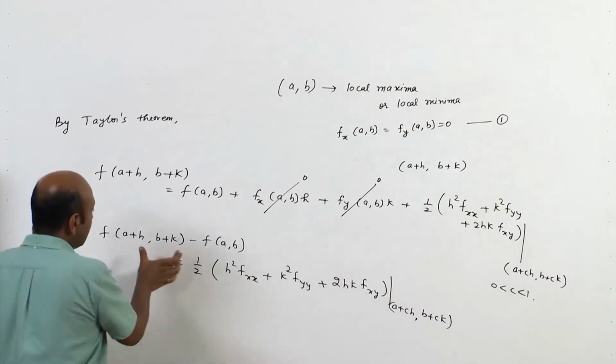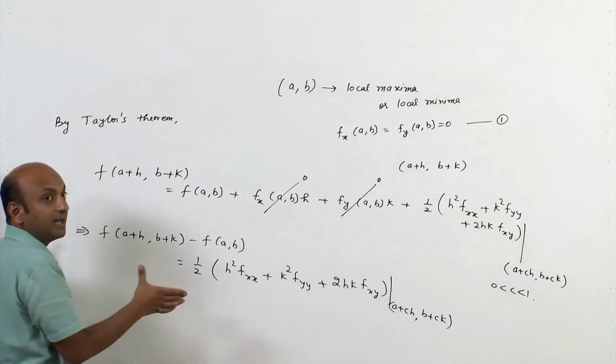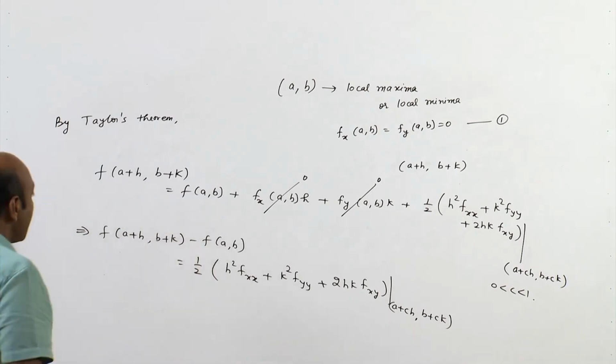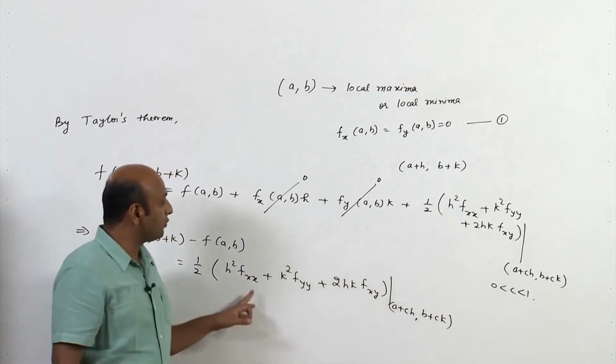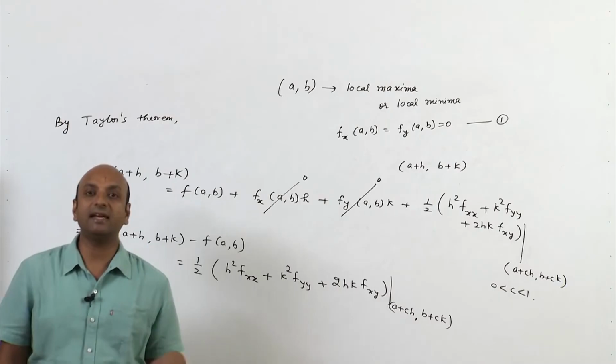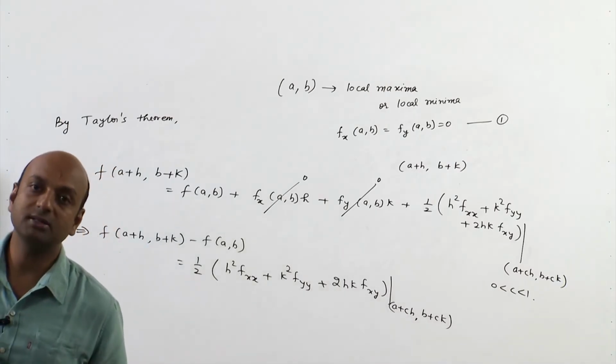For some h and k this value may be positive, and for other values of h and k this value may be negative. Hence, we have to only see the sign of this at this point. This will guarantee whether a point is a point of local maxima, local minima or saddle point.